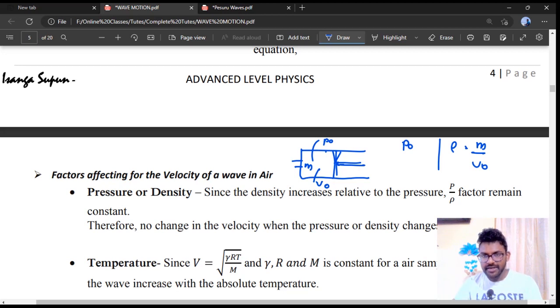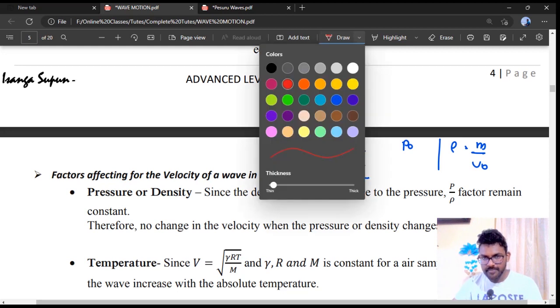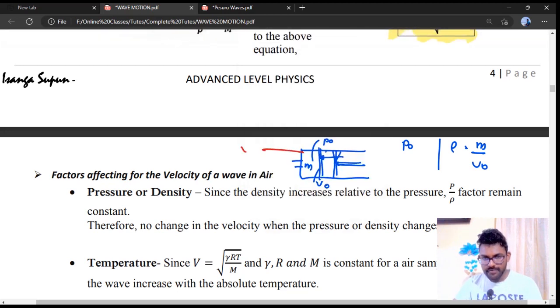Right? To increase the pressure, we can reduce the volume of the sample up to here. Let's say the new volume is V1, so the pressure increases to P1. When the volume is reduced, the pressure increases to P1.